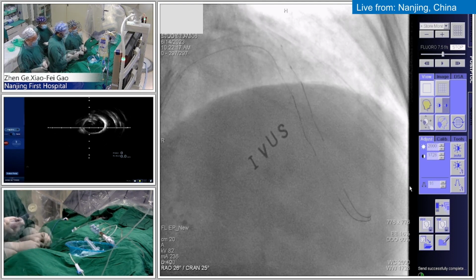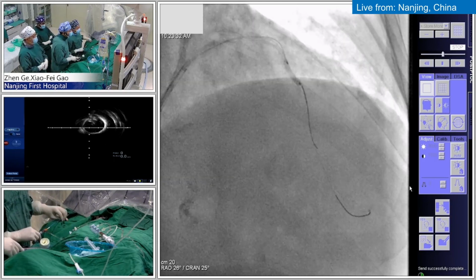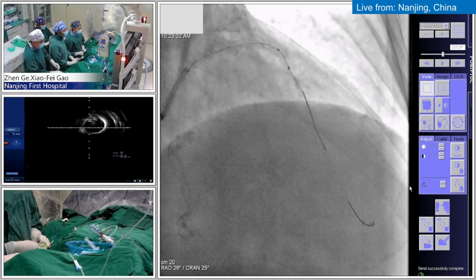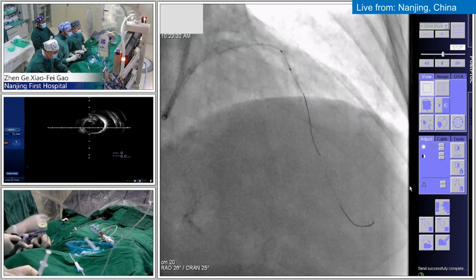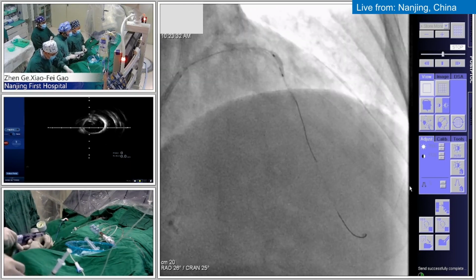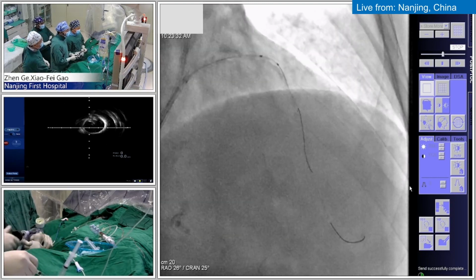It seems like the balloon is expanding, it's good, very well expanded. I think it's just because it's a tortuous vessel. Here should be much easier now.